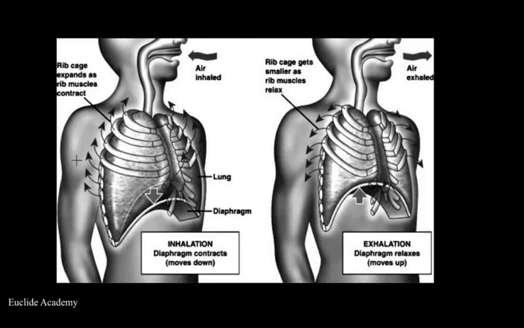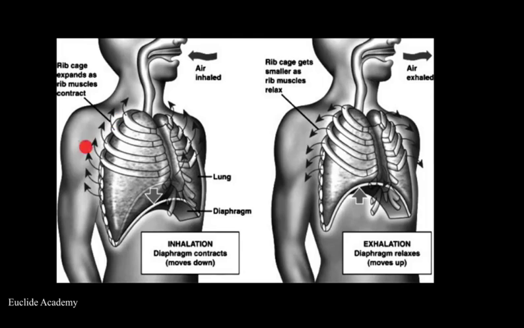This is a diagram which shows us what happens, and we say there is a dome shape on the diaphragm. We can focus on the one to the left, and we can see that we've got the lungs expanding, and the diaphragm moving downwards.